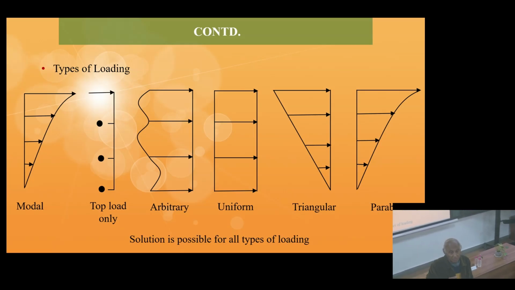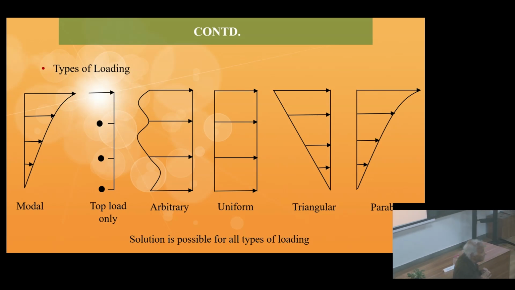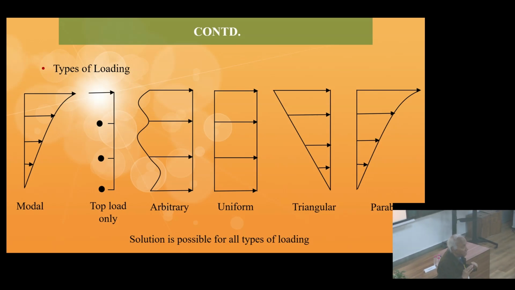Which portions will have higher displacements? The higher displacements will be toward the top, and as you go down, the displacements will be comparatively less. What does it mean? It means that it displaces according to the stiffness distribution.